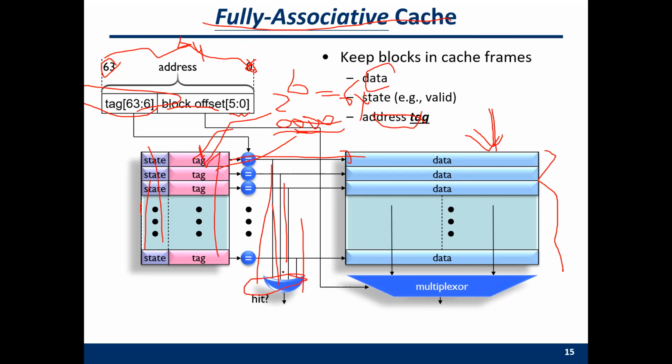And then I will see, through an AND gate, whether I have a hit or not. So you can see the comparison operation is very expensive because it needs to compare a lot of tags. If the cache size is very large, the comparison operation will be very slow.